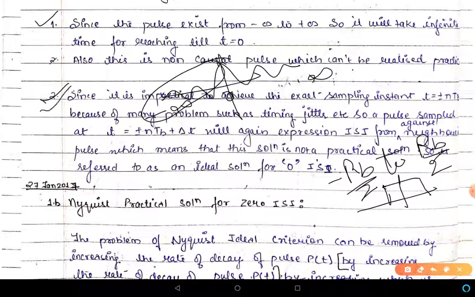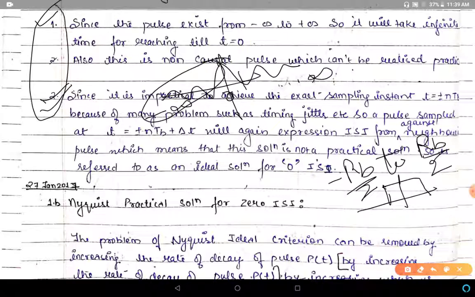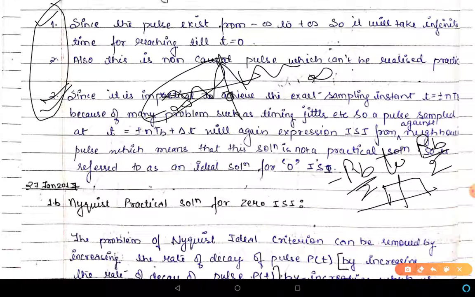Another reason is that if I have some jitter at the sampling instant, then ISI will again come into picture. Because of these reasons, the first solution given by Nyquist is an ideal solution, so it cannot be implemented in practice.